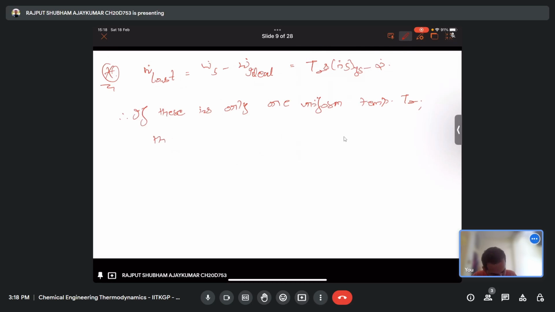Then W lost is equal to T times S_G, where S_G is in joule per mole Kelvin, and W lost is in joule per mole.